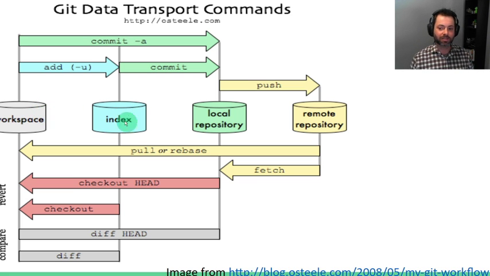So this is your local workspace. We're going to have an index that we add to. We'll have a local repository that we commit to, and then a remote repository which we push to. This will hopefully all become clear in a moment. This is basically your local working environment. This is your staging area where I have added stuff to be tracked, stuff that has changed.